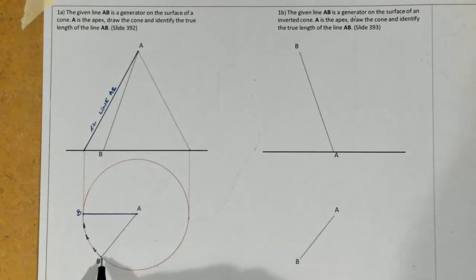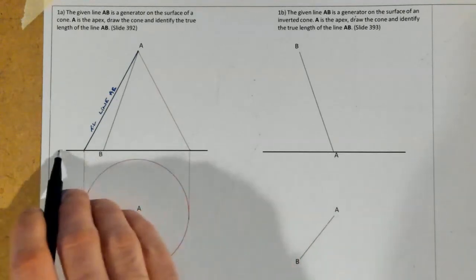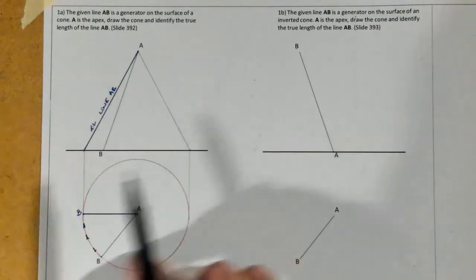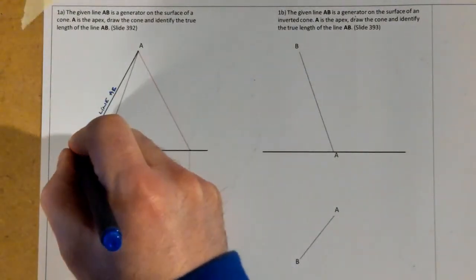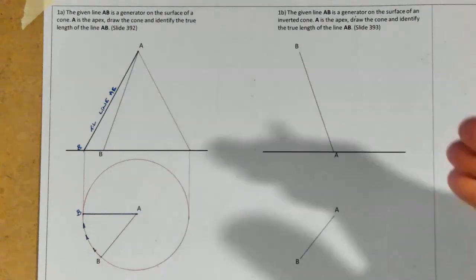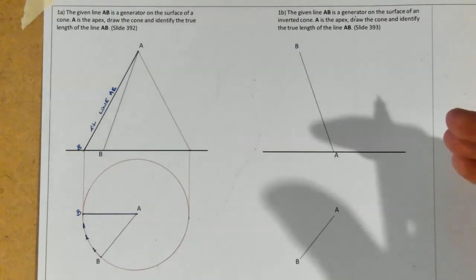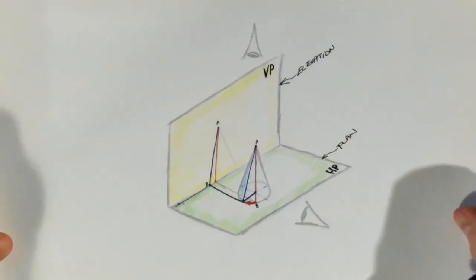We have rotated it up to here until it is parallel with the XY line. And that's in plan. That means in my elevation, my new line AB is now, I'll just label it here, a true length. Now that is a very important principle to understand, and sometimes it can be hard to see that on a 2D drawing. So that's why sometimes sketching can actually help you greatly.